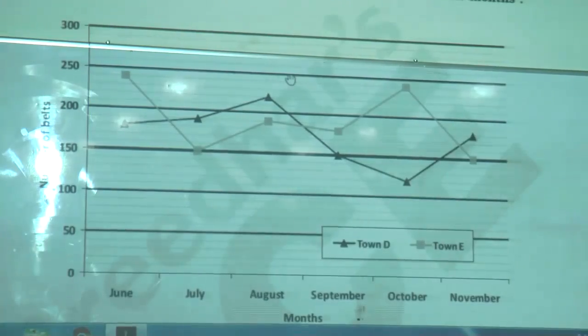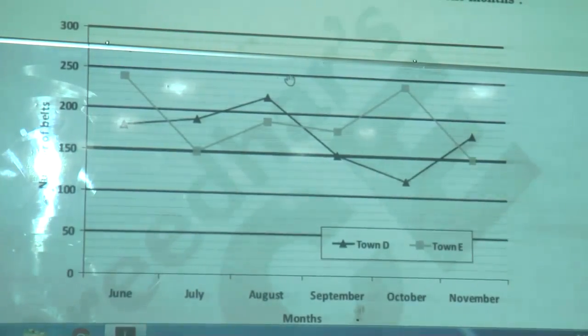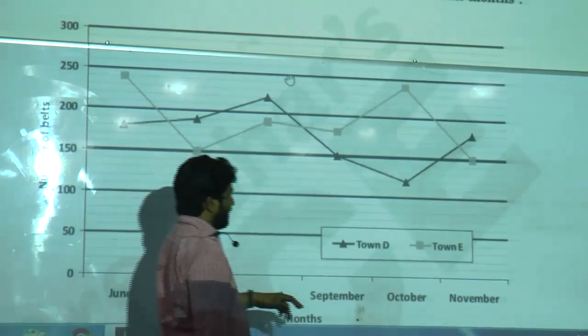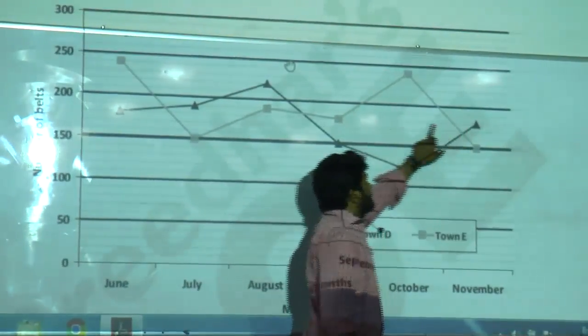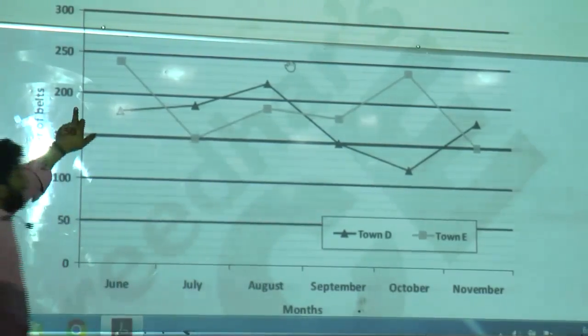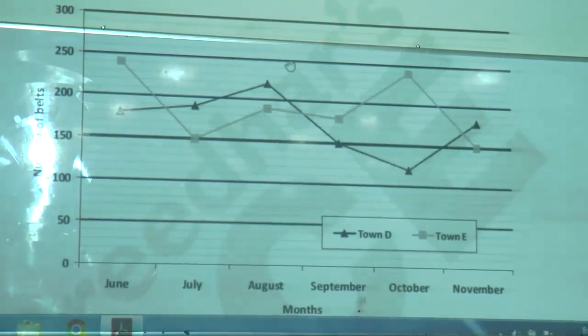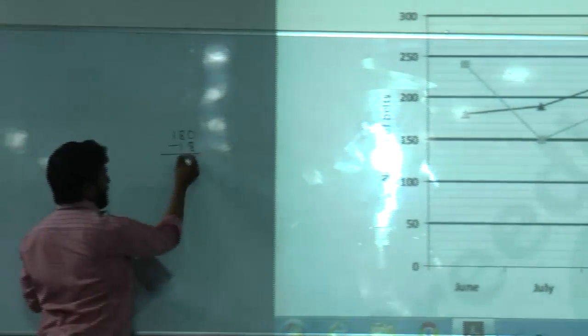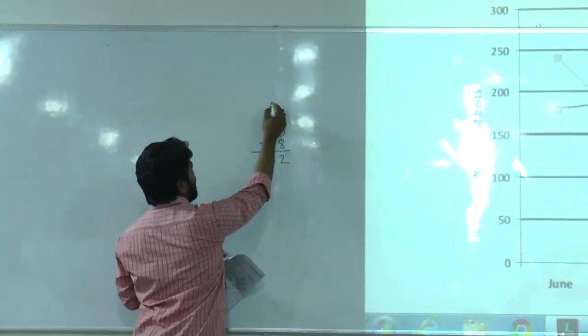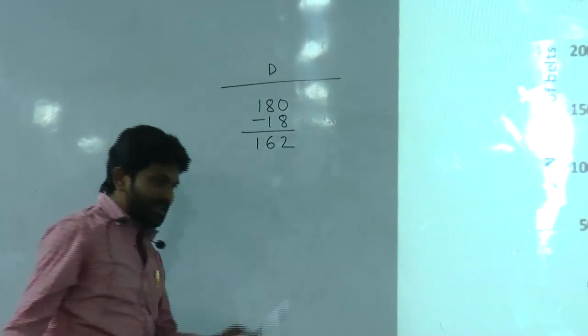December was 10% less than the number of belts sold in the same town in November. In November, number of belts sold for town D, how much is this? 180. So this is 10% less than 180. From 180 you need to subtract 18. So that becomes 162. This is in town D in December.